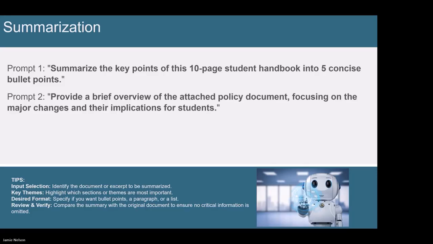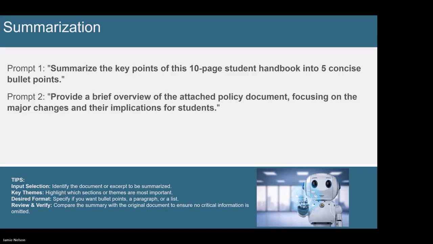So you need to make sure you identify the document. We've got some tips at the bottom. Make sure you tell it what themes you're looking for in your prompt. Ask for themes. Make sure you tell it whether you want bullet points. Do you want a paragraph? Do you want a list? The more specificity you can add up front, the easier it's going to be.